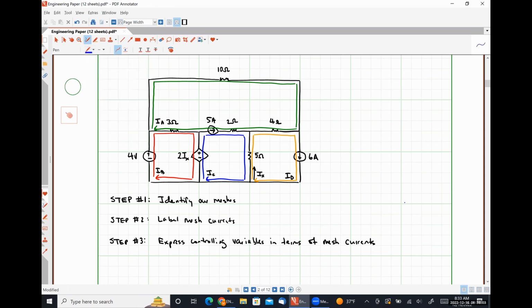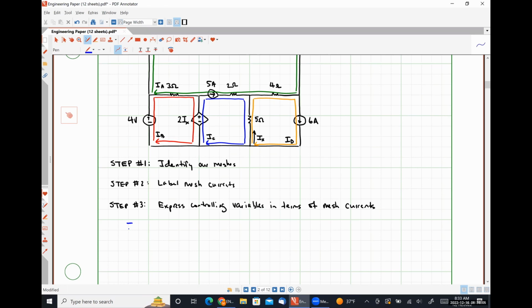Would anybody care to take a crack at it? Who agrees with John? He said IX is equal to ID minus IC. He's right.